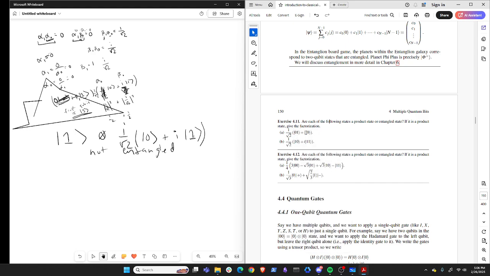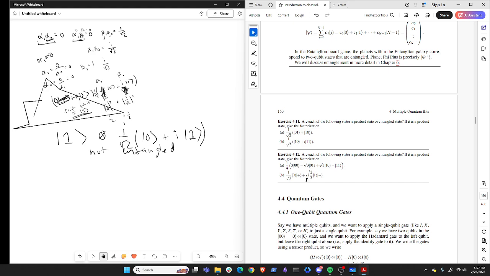And if the first qubit is 1, then the second qubit has to be 0. So these are not entangled. We could go through and prove that this can be factored out. But just visually, we can see that this is not entangled, purely because of the freedom that the second qubit has in determining what it is, regardless of measurement of the first.